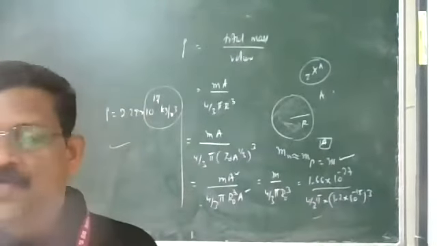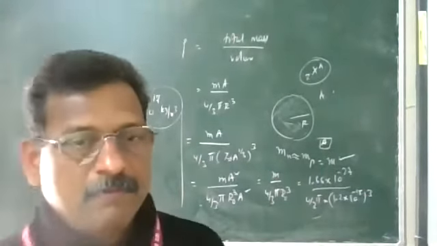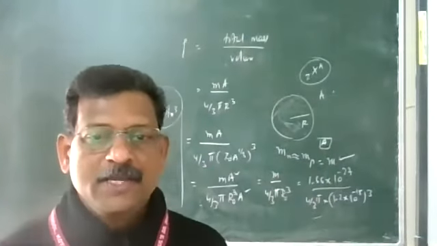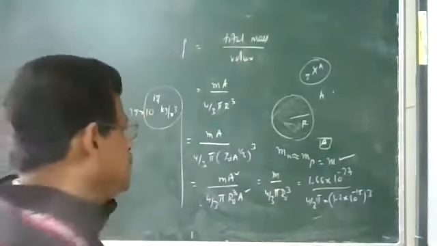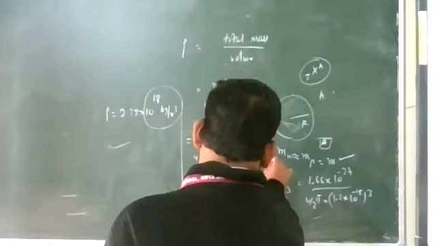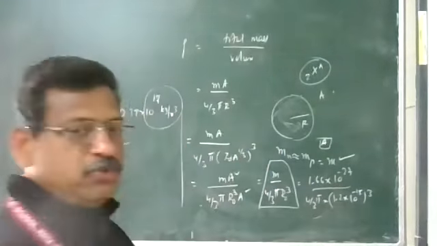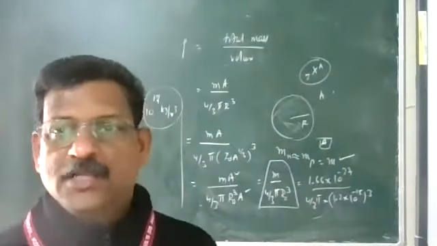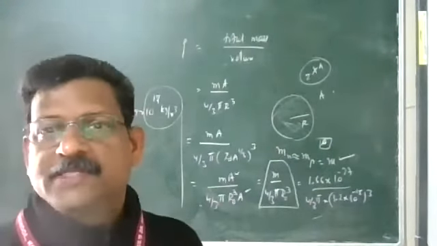This is because the nucleons are packed in a small volume. So nuclear density, very important: in this equation, we can see that it is independent of mass number. It means you take any nucleus, whether it is a light nucleus or a heavy nucleus, the density is the same. All are having the same density.